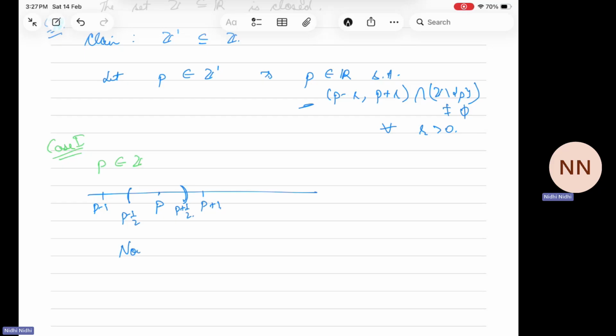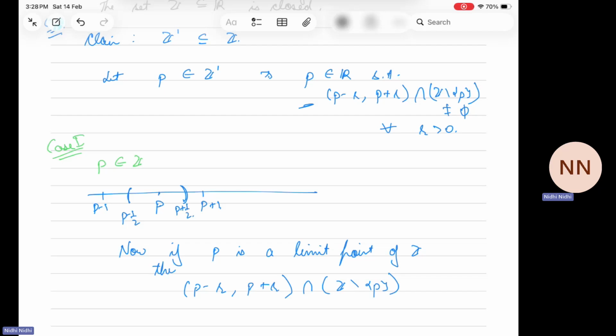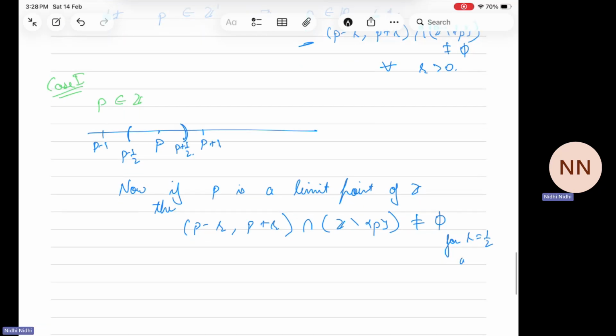Now if P is a limit point of Z, then (P minus R, P plus R) intersection Z minus {P} should be non-empty for R equals 1 by 2 as well, because this is happening for every R positive.